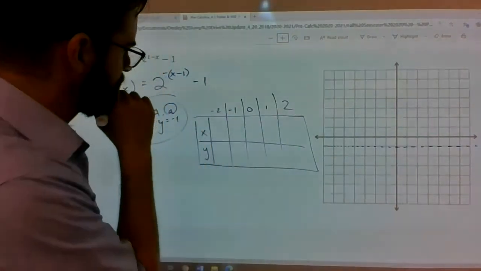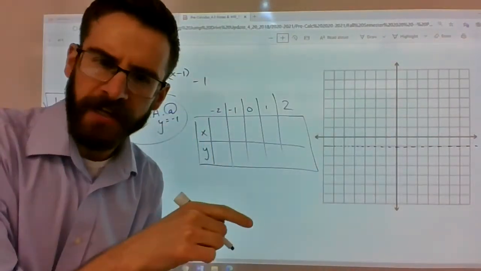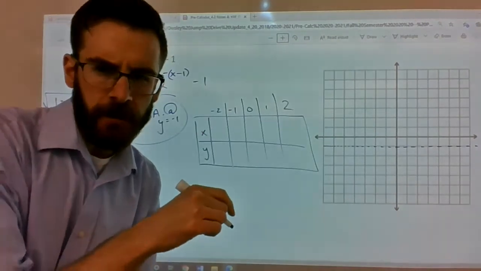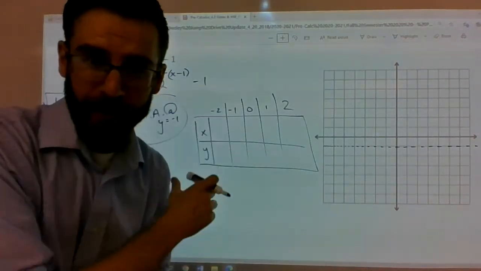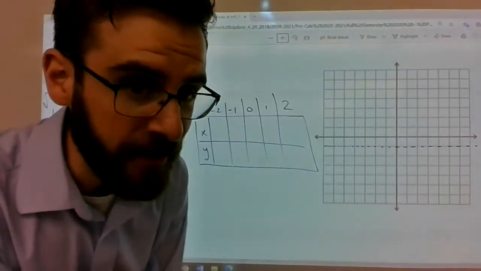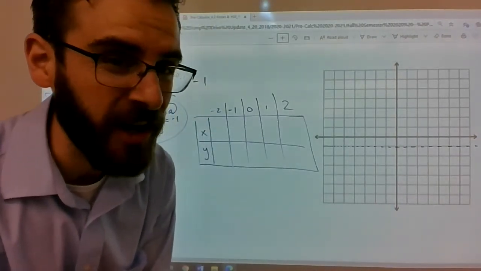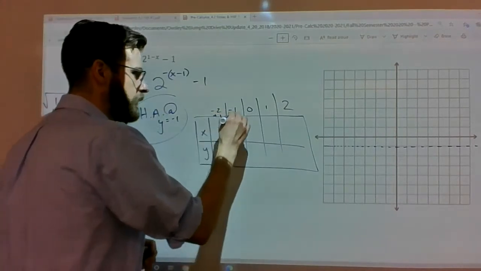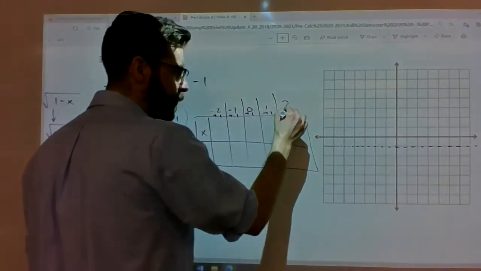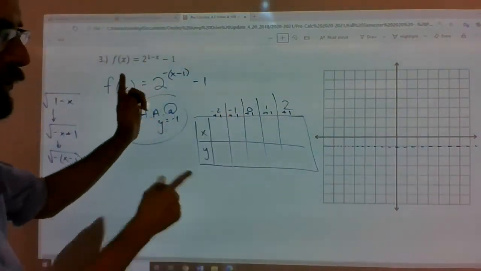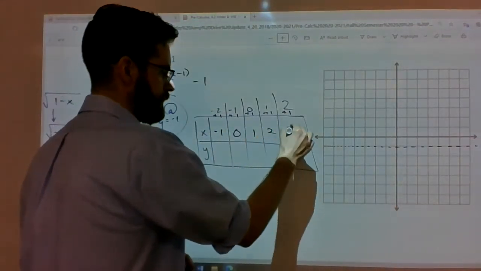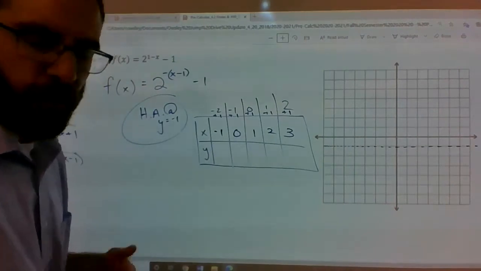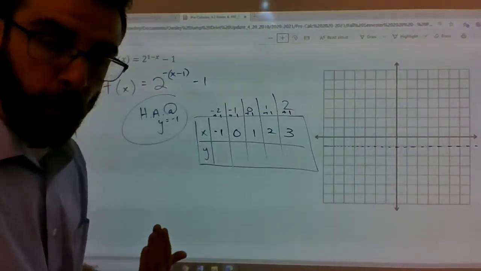Sometimes the reflection matters, but it's not going to matter here. Once we start talking about logs, it's going to get a little more complicated. Anyway, just add 1, add 1, add 1. That's going to give our new x coordinates, which better reflect the actual important parts of this graph.